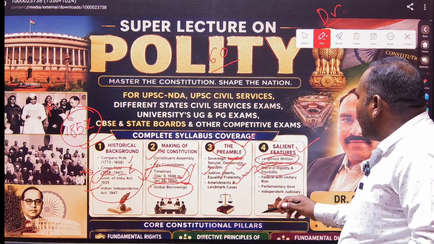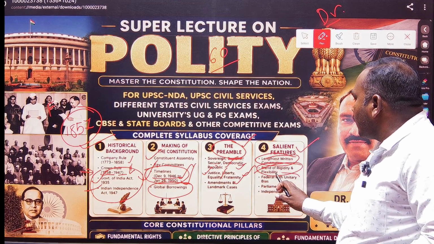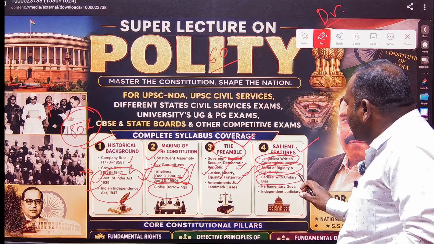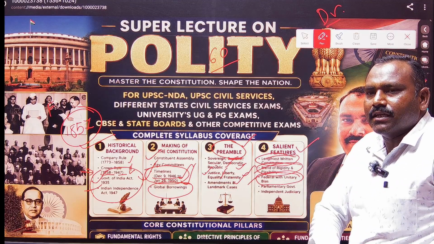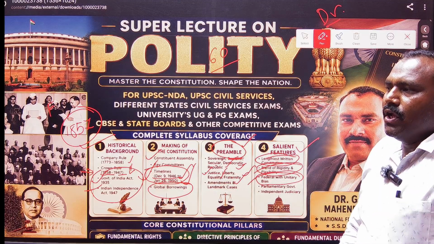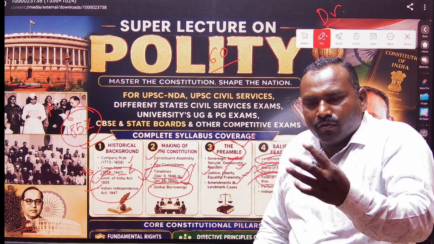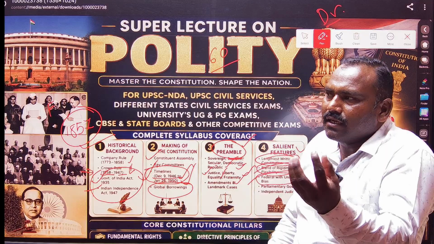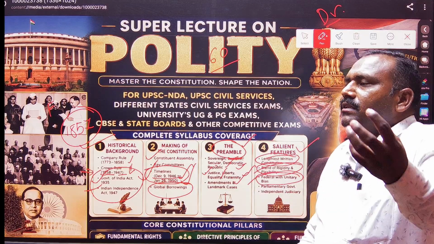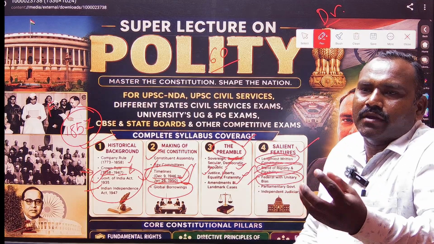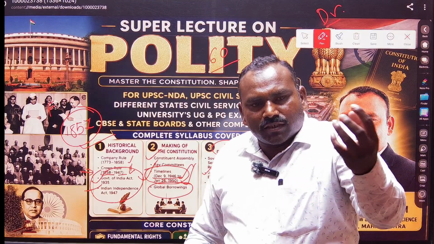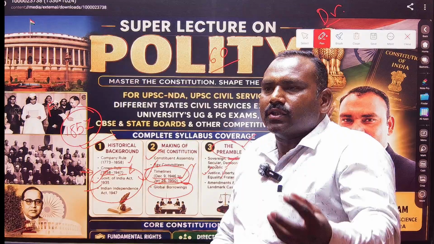While talking about federal and unitary, the Indian Constitution has another important salient feature, that is unitary federal. Unitary federal in the sense that the union government is at the center, and even certain states like Maharashtra, UP, Bihar, Gujarat are also having their own authorities.